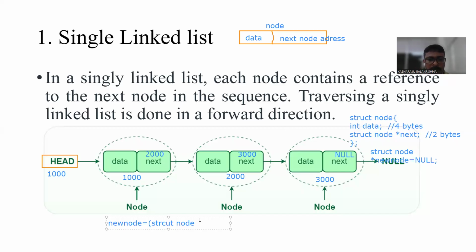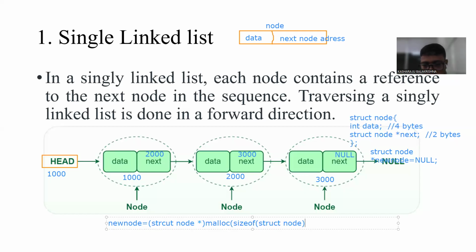It should be converted into pointer type struct node. malloc is used for allocating memory dynamically, in the size of struct node.